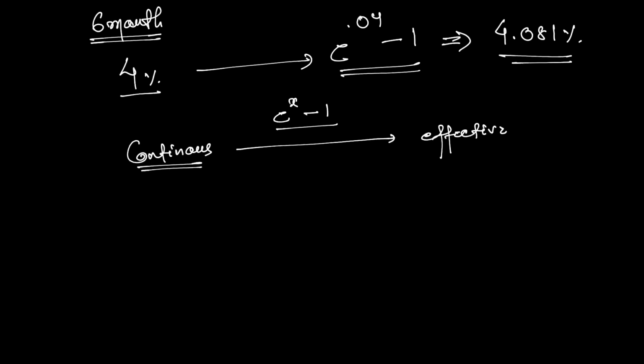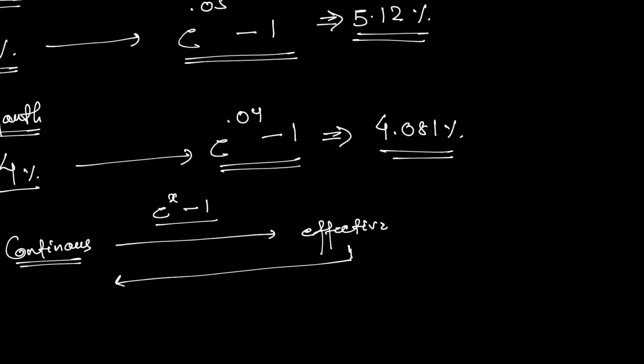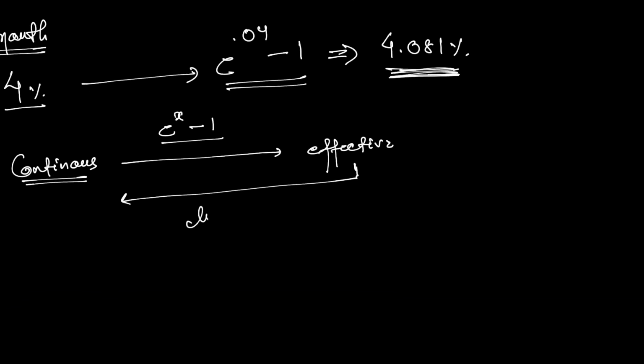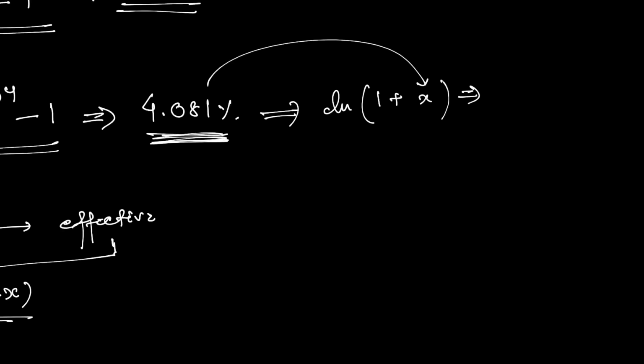Now if you have to convert the effective interest rate to continuous, say you have the effective interest rate of 4.081% and that is the 6 month effective interest rate, then you do ln of 1 plus x. Let's do ln of 1 plus this interest rate. So you do plus 1, then you do ln. You will exactly get 4%.